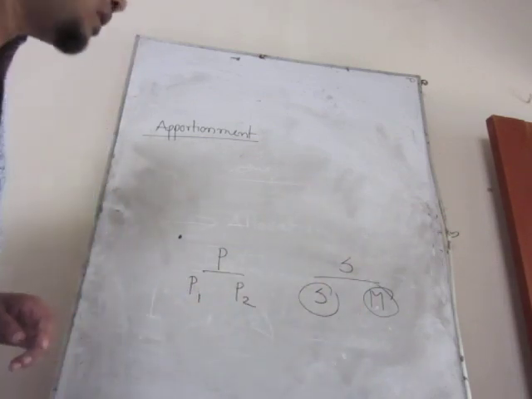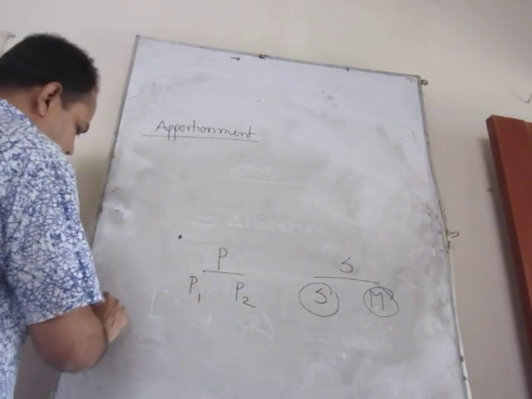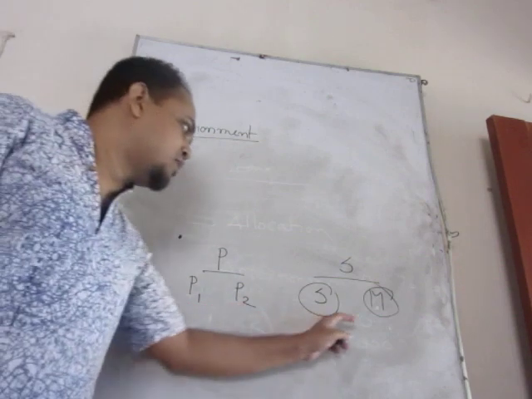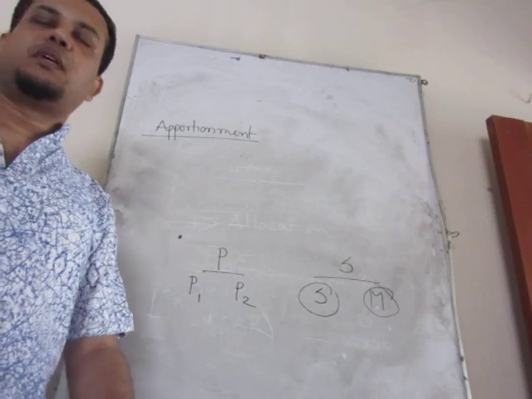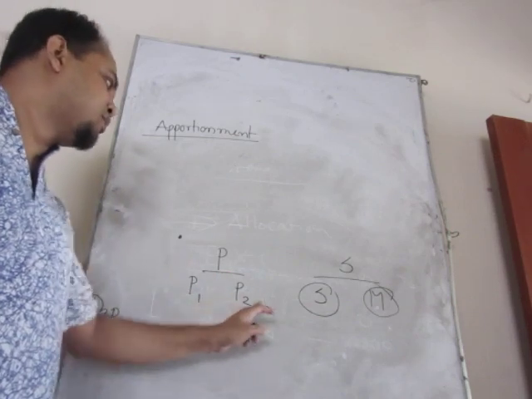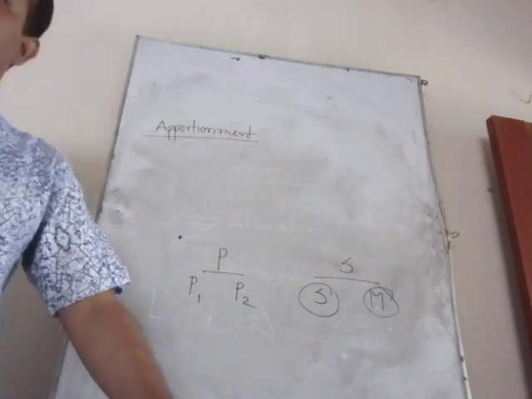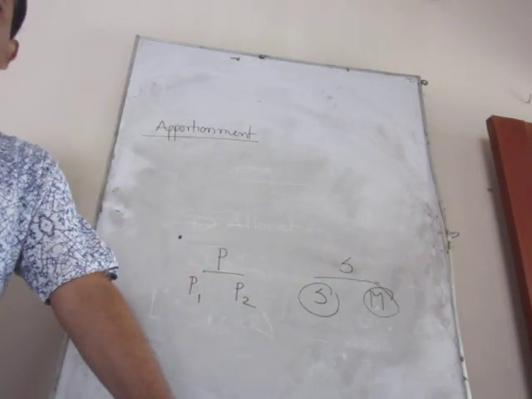As for example, suppose depreciation. These are the 4 different departments, and suppose they are situated in 4 different buildings.